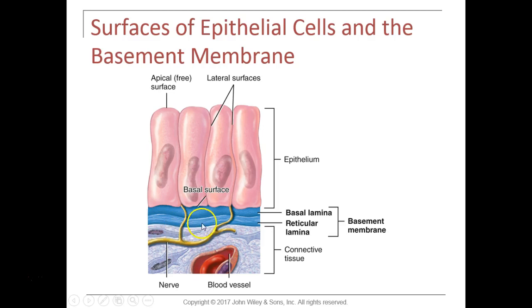The reticular lamina, which is the deeper of the two layers, is composed of polysaccharides and proteins, which is secreted by the cells in the underlying connective tissue. And that deeper layer is called the reticular lamina. Collectively together, the basal and reticular lamina makes up what we call the basement membrane. Now, this is a generalized diagram of the structural aspect of epithelial tissues and their relationship to underlying connective tissues.